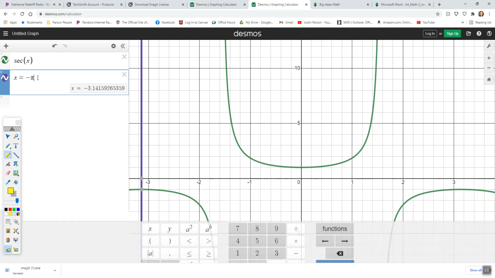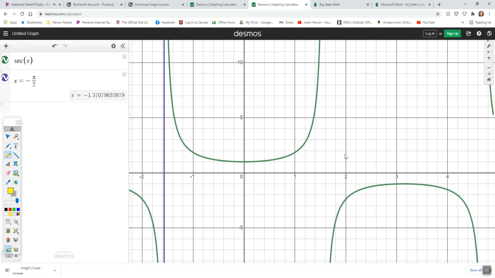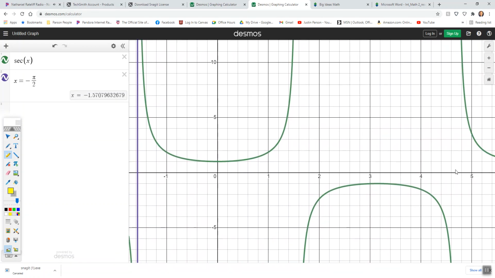This would be negative pi over 2, and then we're going to range over to this one right down here, which looks like 3 pi over 2.